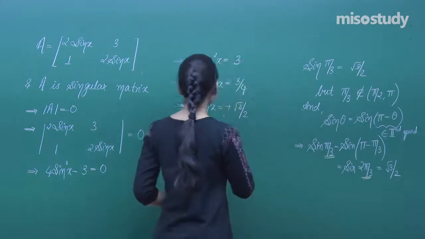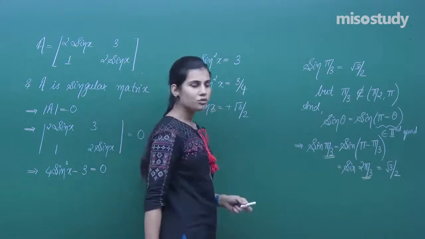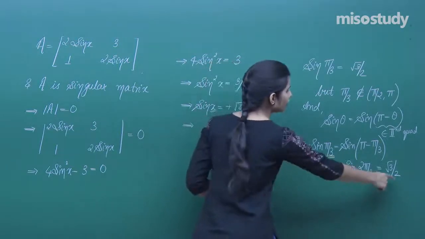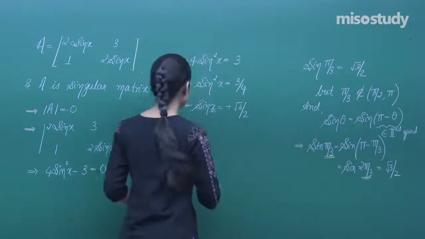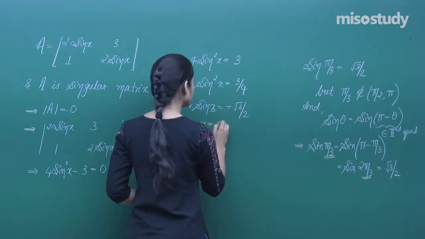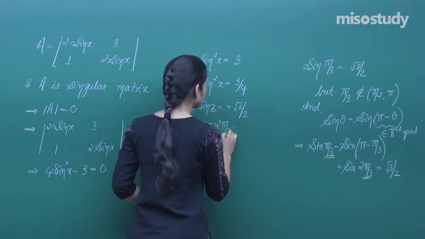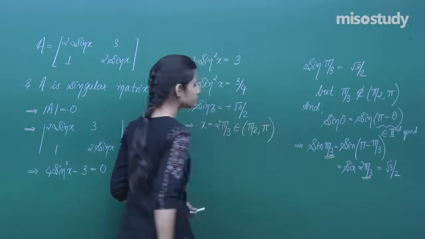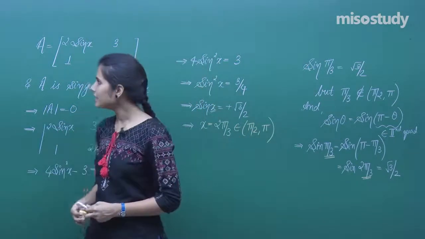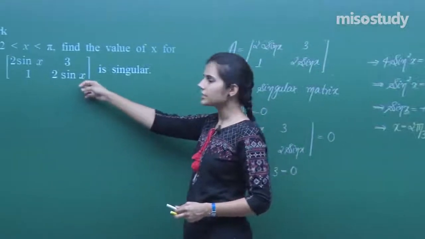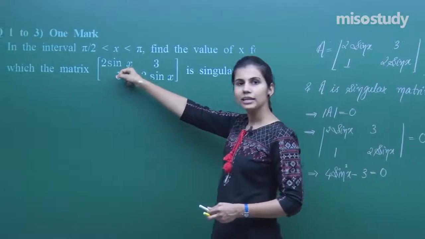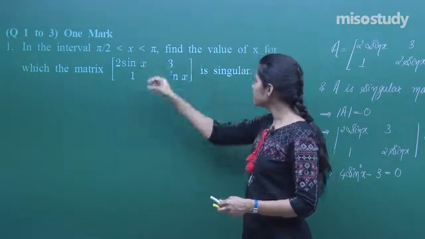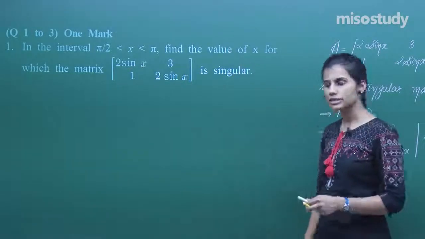I want x's value to be lying in the second quadrant, so x's value should be 2 pi by 3. So this implies x is equal to 2 pi by 3 lying in the second quadrant. So x's value should be 2 pi by 3, so that this matrix comes out to be a singular matrix.